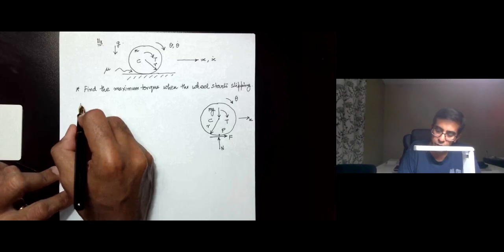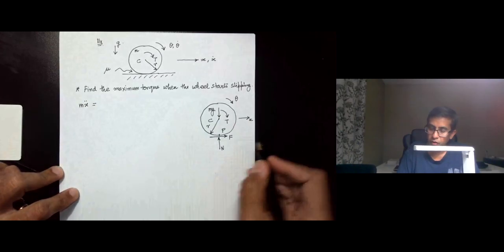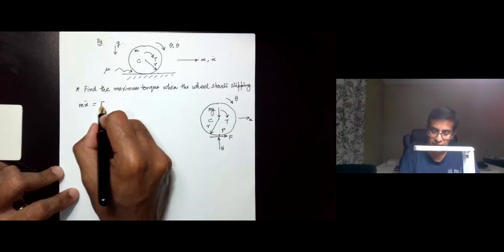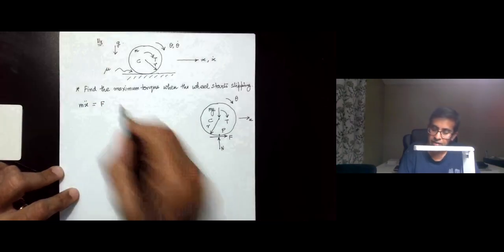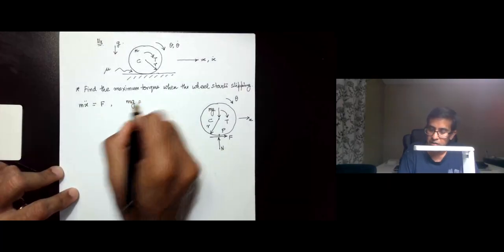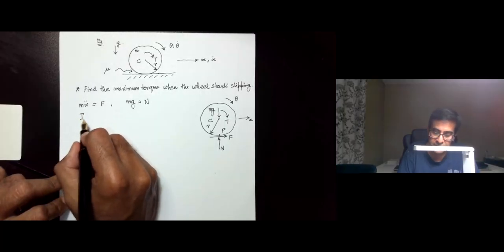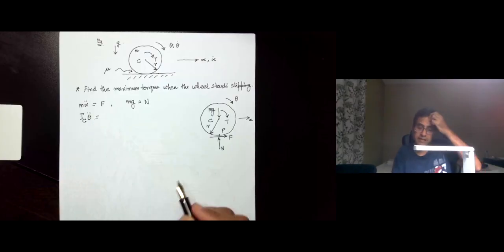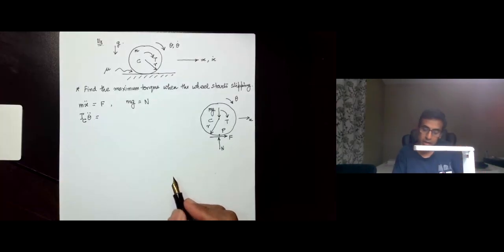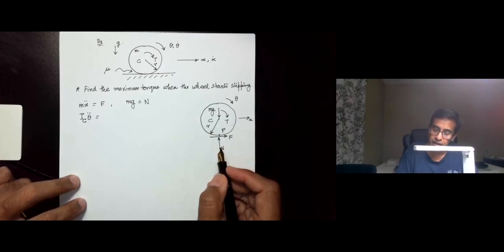So the equations of motion are going to be m x double dot equals the summation of all forces in the forward-going direction, and that is F. In the y direction, that is the vertical direction, we will have mg equals N, so we have an expression for the normal reaction. The rotational equation is going to be I_C theta double dot, where I_C is the moment of inertia of the wheel relative to its center of mass, equals the summation of torques and moments.